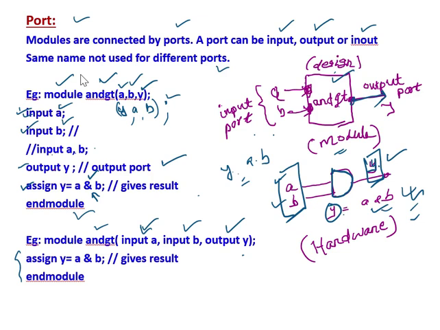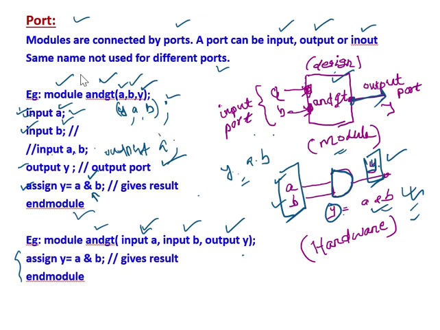I have used variable A and variable B for input, and variable Y for output. Since A is already declared, I cannot write output A. It will show me an error, because the same name cannot be used for different ports.